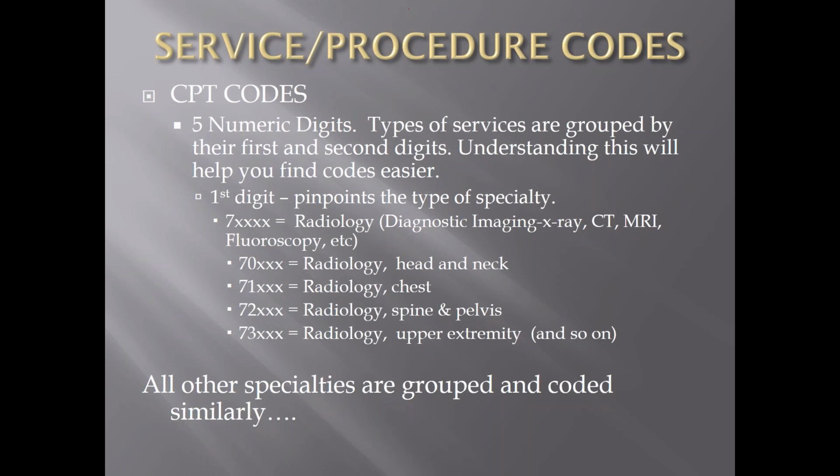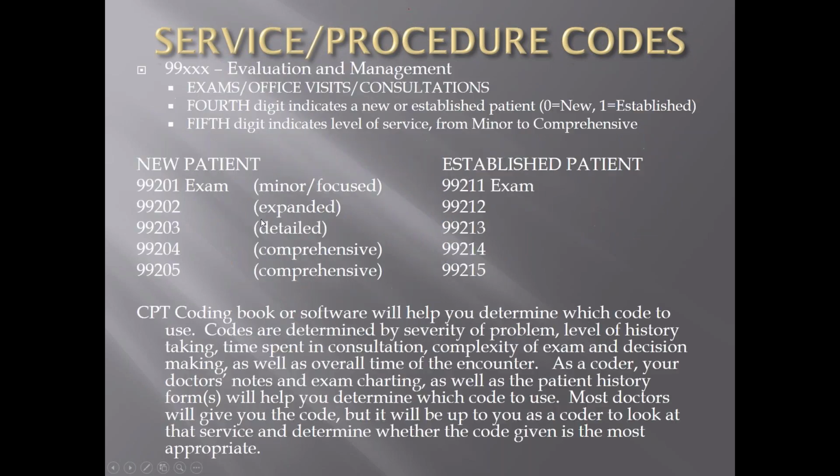Okay, and so it could be diagnostic imaging, X-ray, CT, MRI, and so on and so forth. The second digit applies to the anatomical region. So all radiology codes of the head and neck are 70,000 series codes. Radiology codes that start with a 1 are chest codes. 72,000 codes are spine and pelvis, and so on and so forth. And all other specialties and CPT codes are grouped and coded similarly.